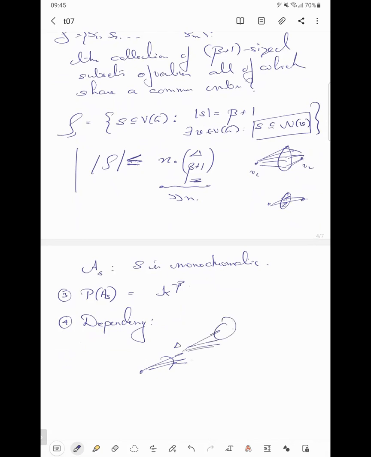That's how you get a beta plus 1 subset. Correct. That is dependent on this. But the only point you missed is that since your event is also a beta plus 1 sized subset, in the particular event AS itself there are beta plus 1 vertices. So you'll have to repeat this for all of them.